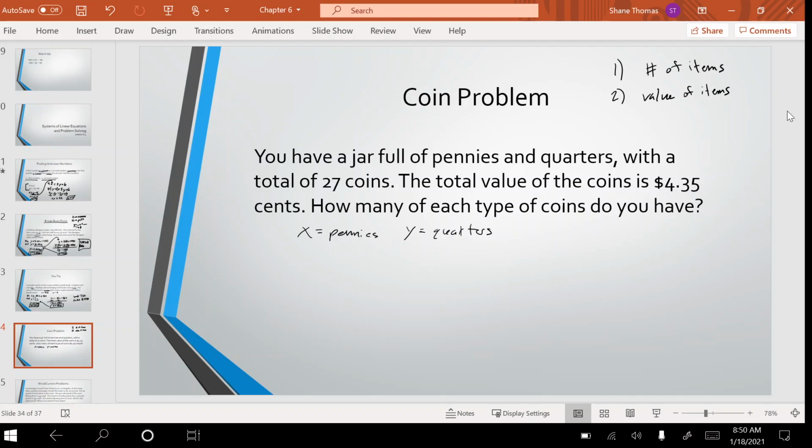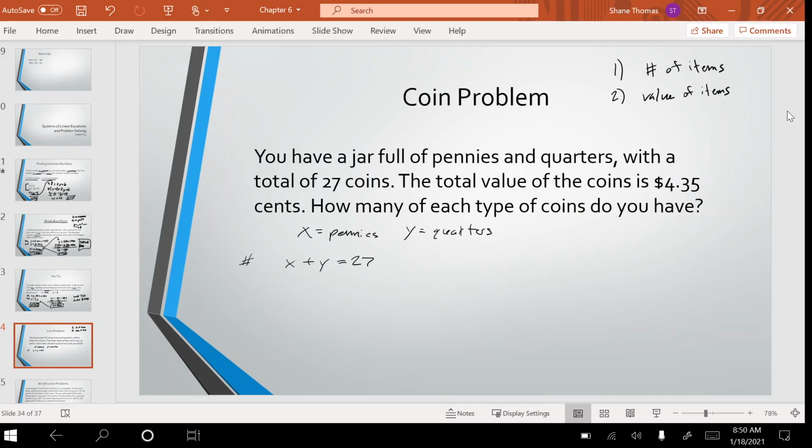So first equation, number of items. How many total coins are in the jar? 27. So this is an easy equation. Number of pennies plus number of quarters equals 27.